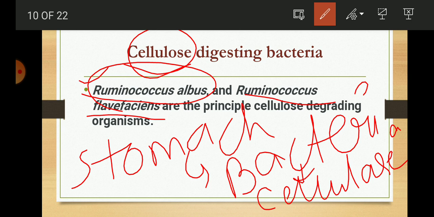You can choose either method. Also, the first name has to be in capital letter and the second in small letter. So never forget these two bacteria. These are present in the stomach of the ruminants, especially in the rumen part of the stomach.